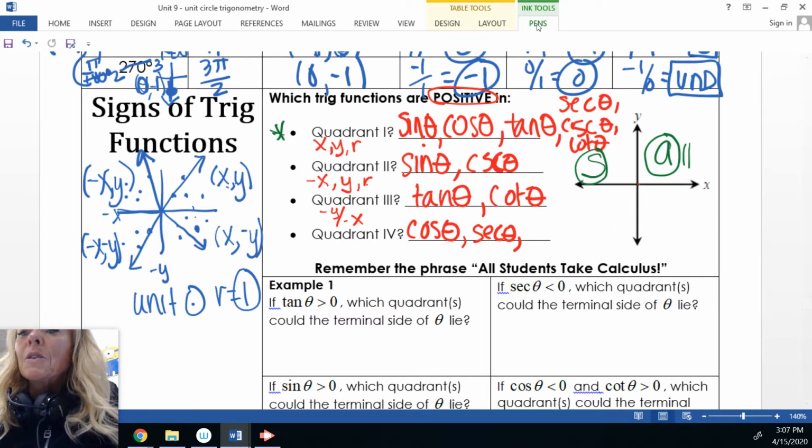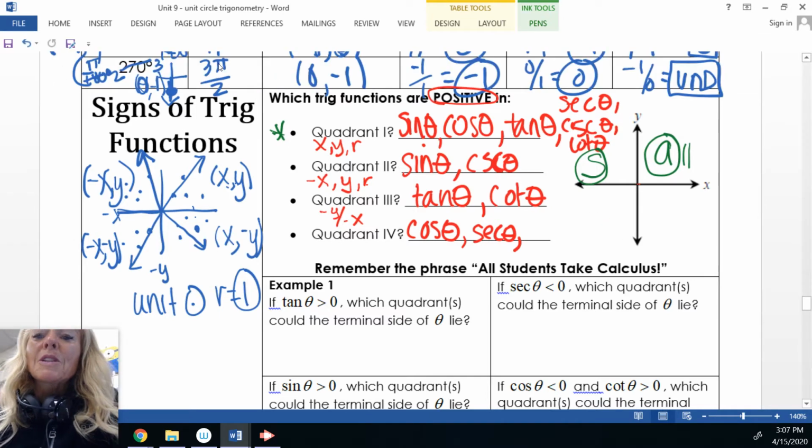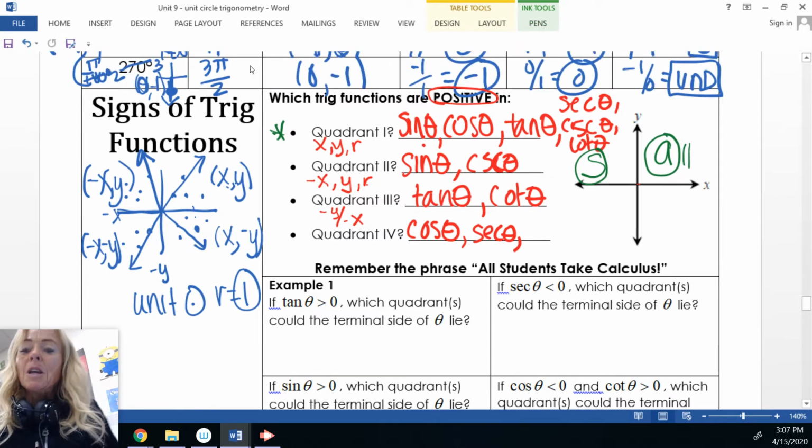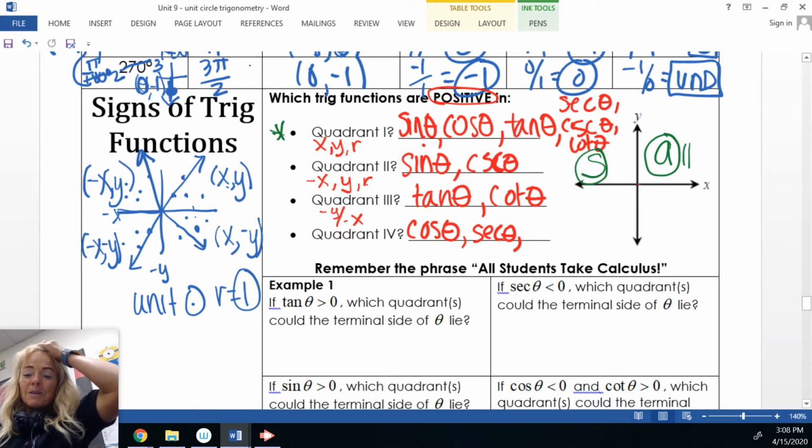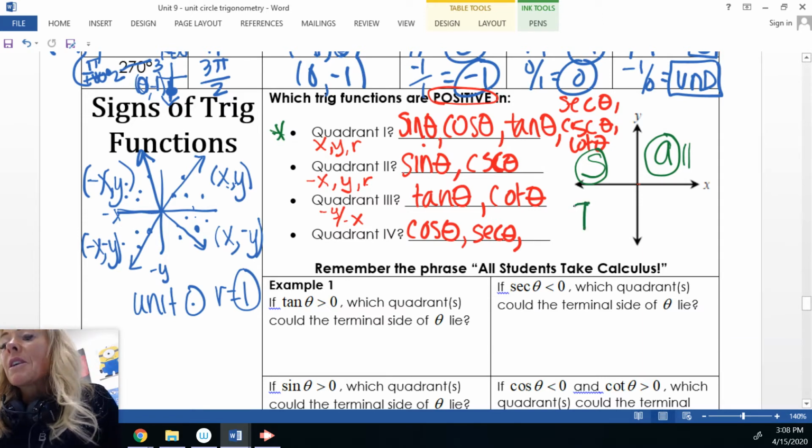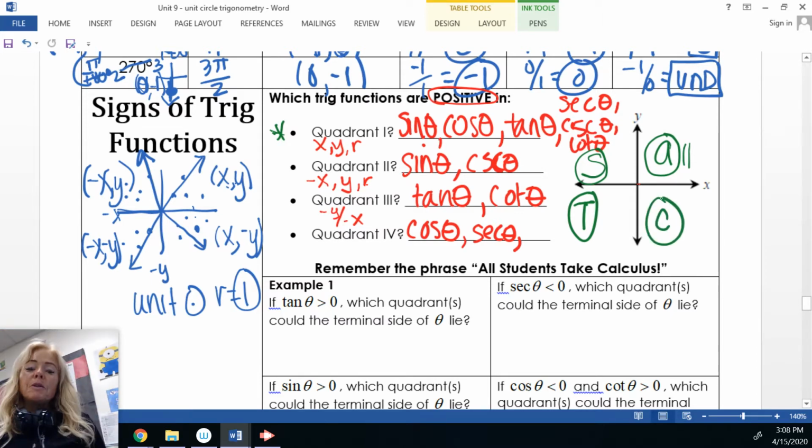So we're not going to talk about reciprocals. We're just going to know that the reciprocal functions are positive as well, just because it's the same ratio, just reciprocated. So this is tangent, and in quadrant 4, what's positive is the cosine. If you remember that, then that might help you with your signs on any of those special ratios you're supposed to find.